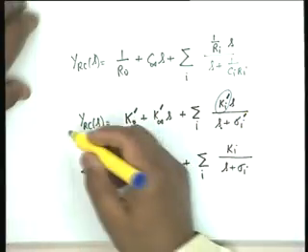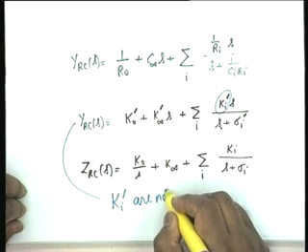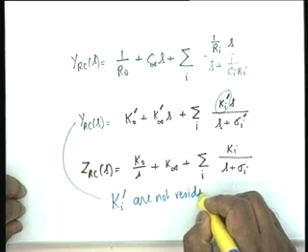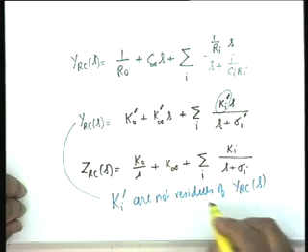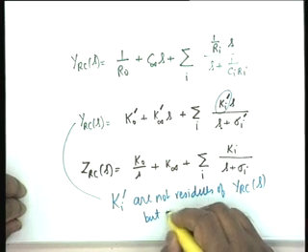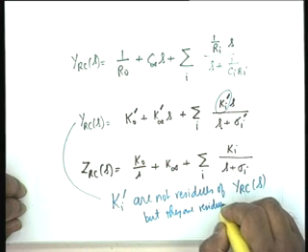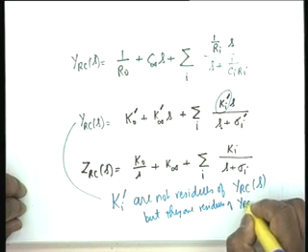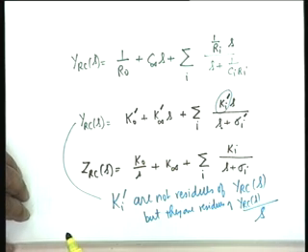So, you make the observation here, Ki prime are not residues of YRC of s, but they are residues of YRC of s divided by s. Agreed?